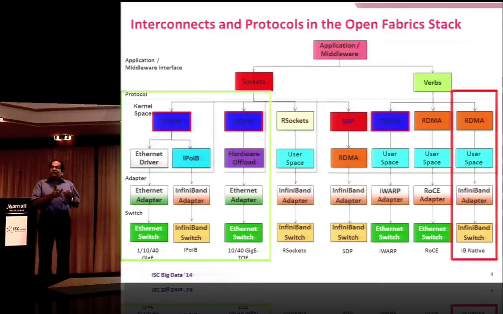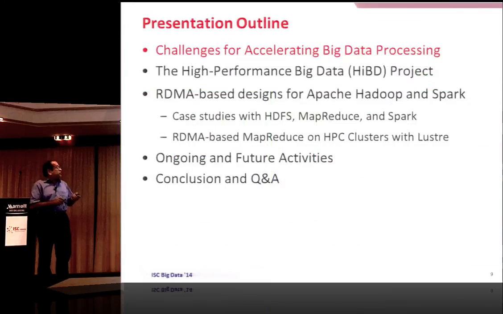As we go later in the talk, we'll see a lot of performance comparison between the traditional 10 gig or, let's say, IP over IB and then this RDMA native, and you will see how much additional performance and scalability you can achieve if you rewrite your applications or middleware using these Verbs.